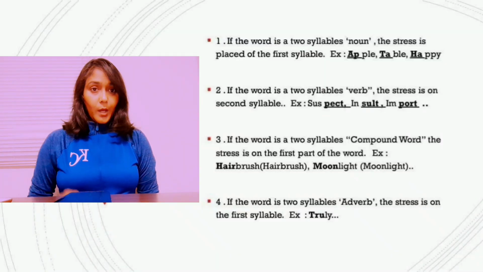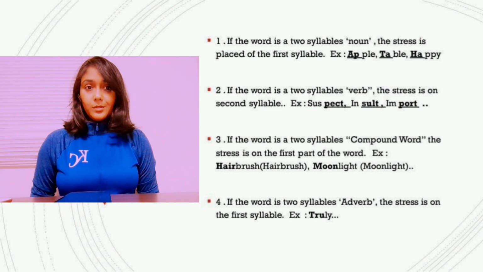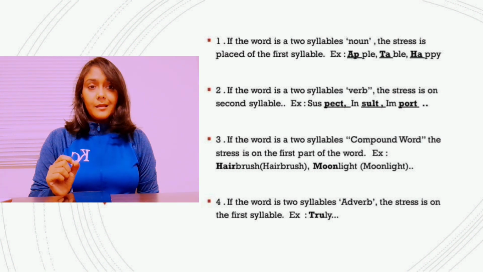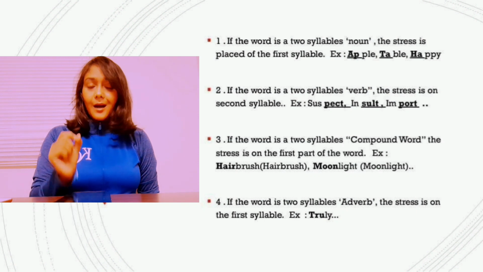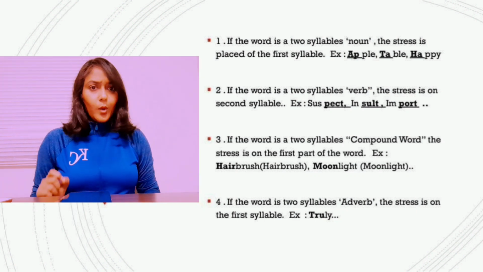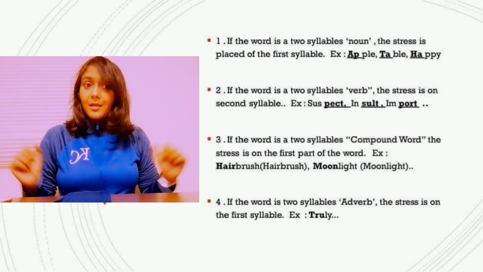Now let's get started. Rule number 1. If a word is a noun and it has 2 syllables. Again, if a word is a noun, and you all know what a noun is, right? A noun is a naming word.